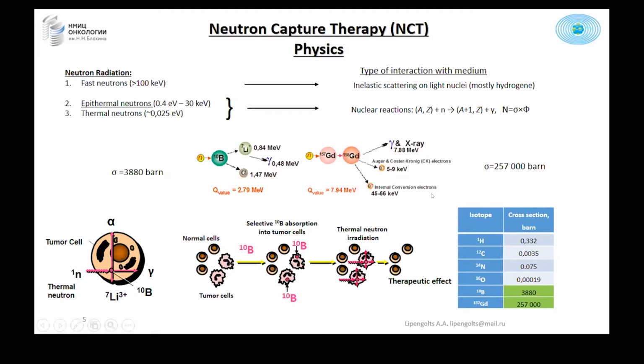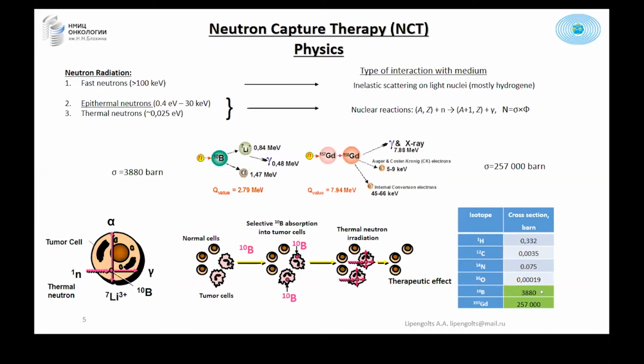And if we take a look at the table of some elements which comprise biological soft tissue, then you can see that isotopes like boron-10 and gadolinium-157 have an extremely large value of cross-section.